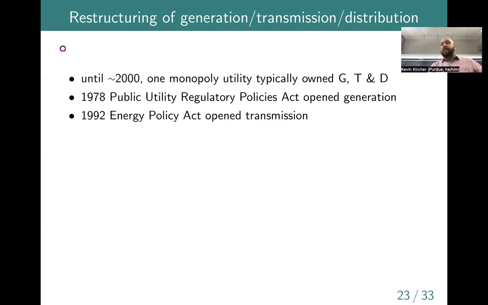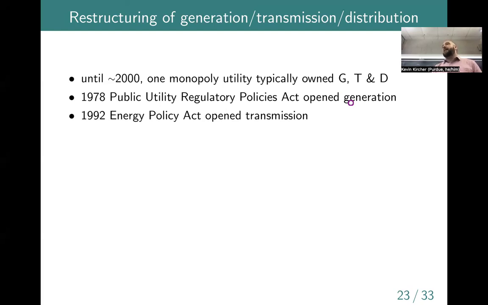So I think that regulatory compromise that came out in the early 1900s more or less stayed in place until the late 1900s. And then there were a couple of laws passed federally that shook up that relationship. Typically we had what are called vertically integrated monopolies, one company that owned all the power plants, all the high voltage transmission, and all the medium voltage distribution lines. But in 1978, PURPA, the Public Utility Regulatory Policies Act, passed by Carter, made it so that other companies could build generation, maybe using different technologies.